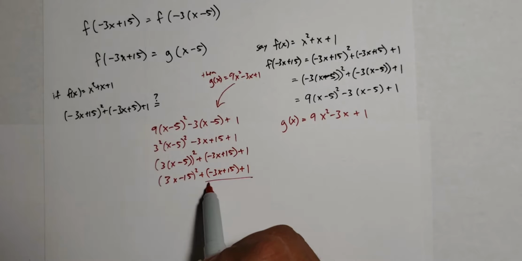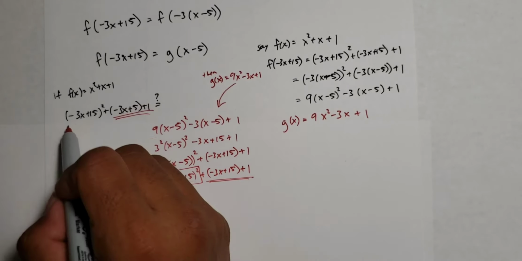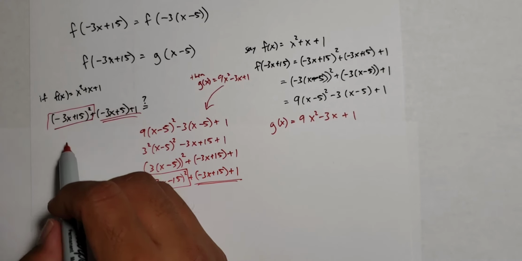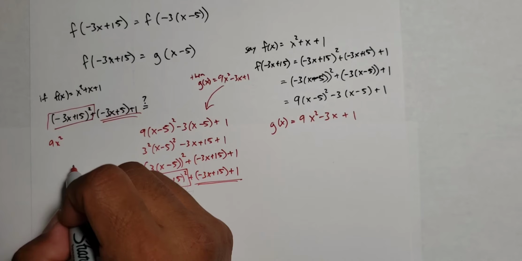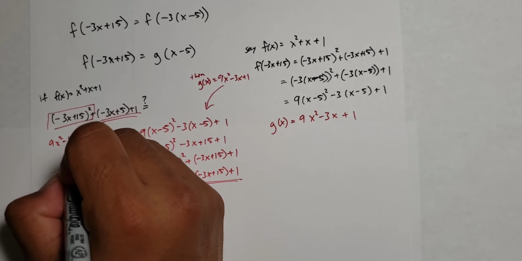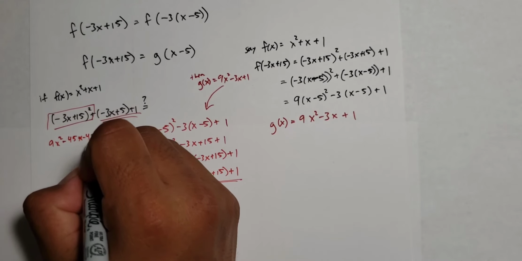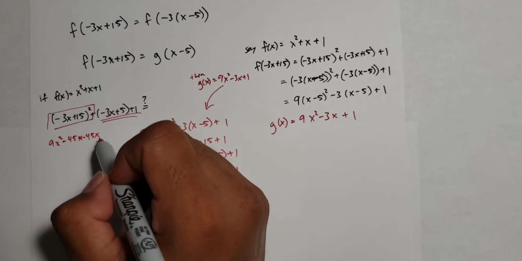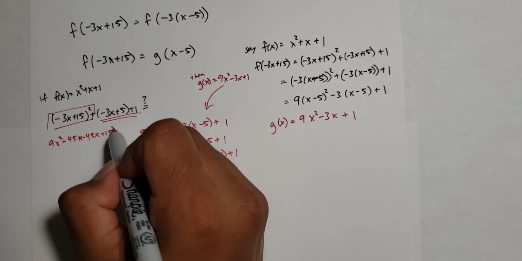I mean, this part is okay, but you may be wondering whether this will give us the same result as this one. That's going to be 9x squared minus 45x minus 45x, plus 15 times 15, which is 15 squared.